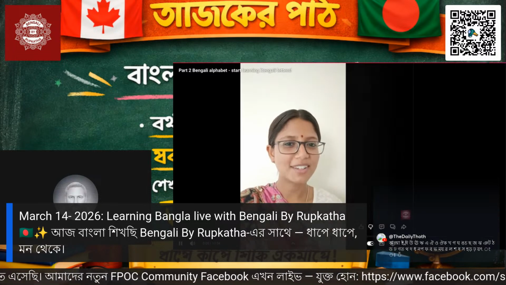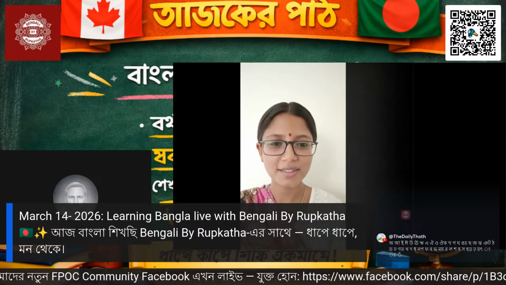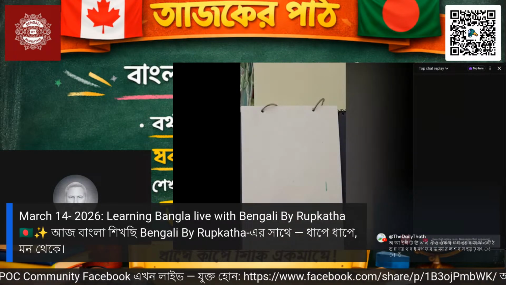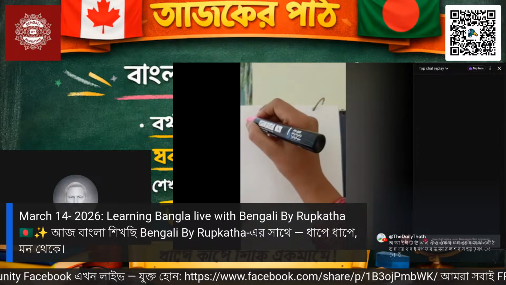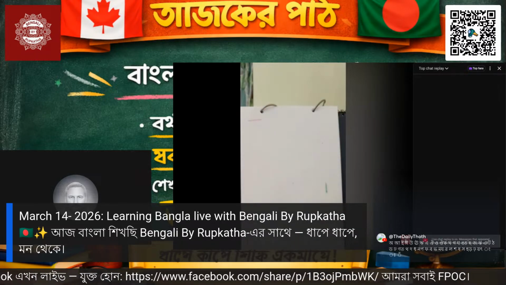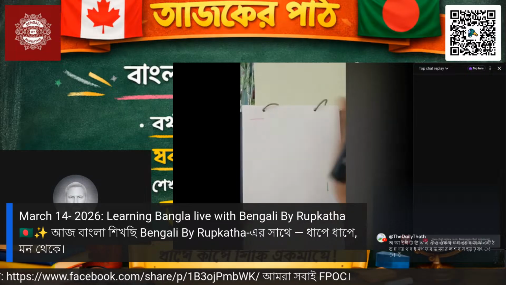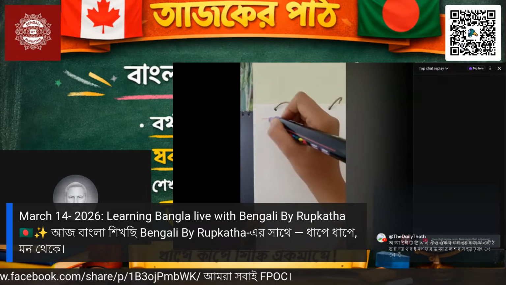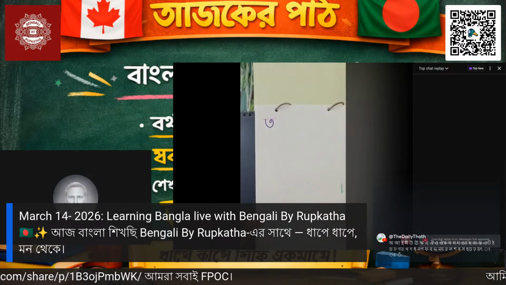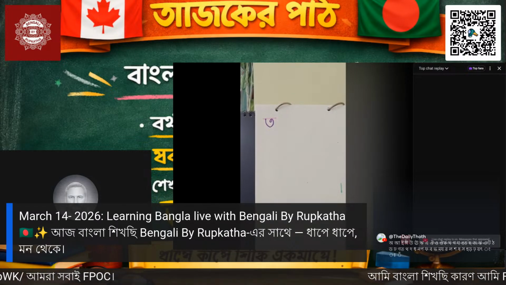Learning Bengali letters. So far we know this is called matra. Sit and focus. This is a Borno. It's a Banjan Borno, and it is called to.